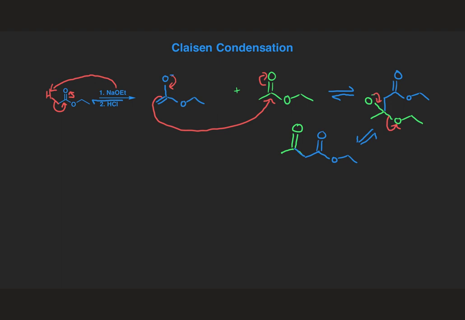And that is actually going to wind up being the final product, but it goes through a couple of conversions first, because we just generated this OEt minus, and this alpha hydrogen is very acidic because it's between two different carbonyl functional groups. It's going to get deprotonated.